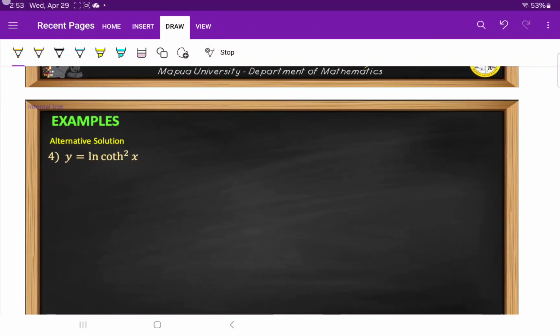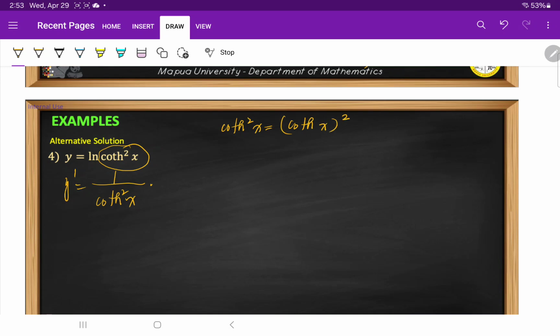For the next one, we have y is ln of hyperbolic cotangent square. So y prime is equal to what? This is u. So 1 over hyperbolic cotangent square x. Again, hyperbolic cotangent square x is the same as hyperbolic cotangent of x, squared.